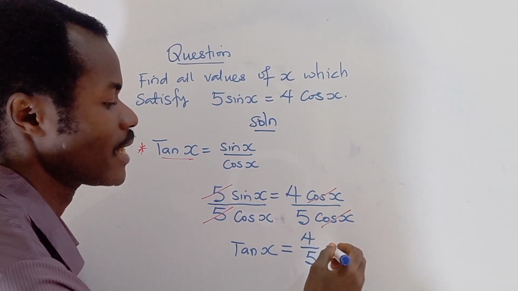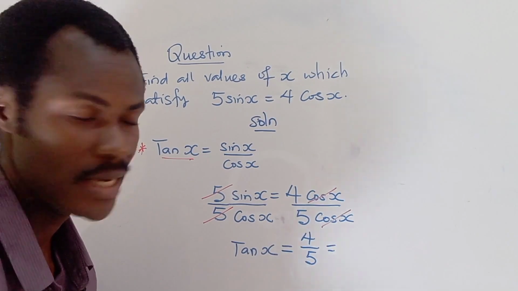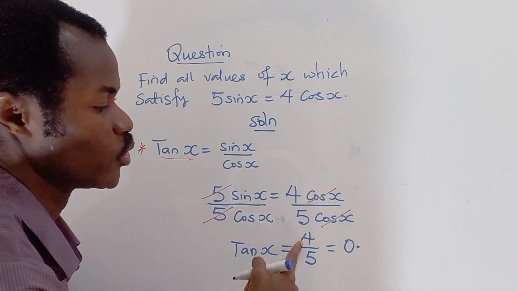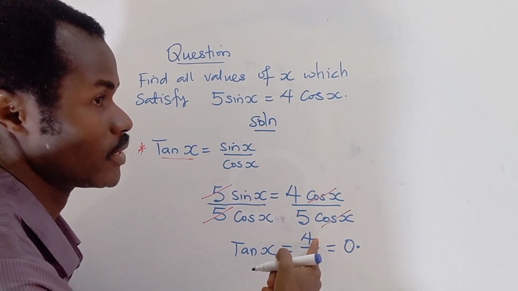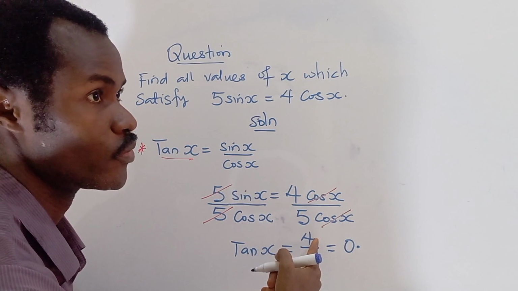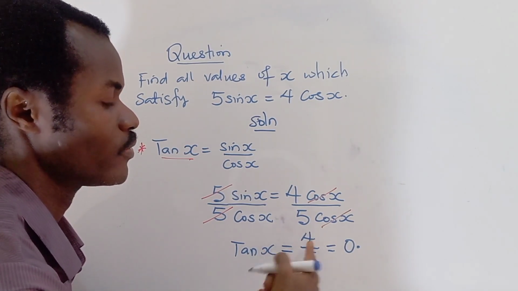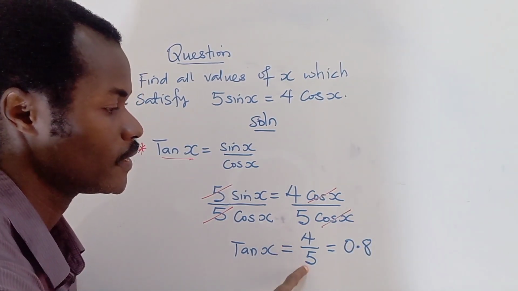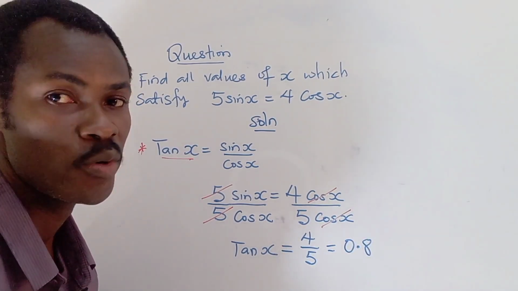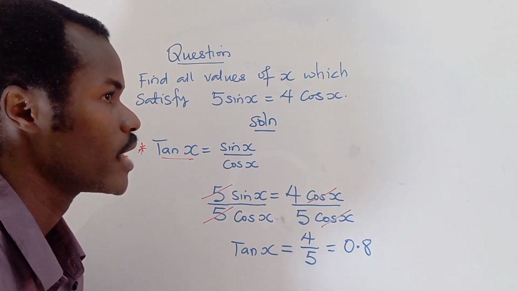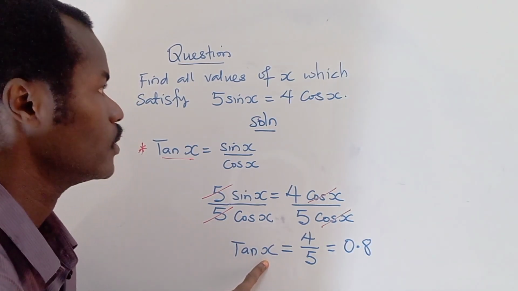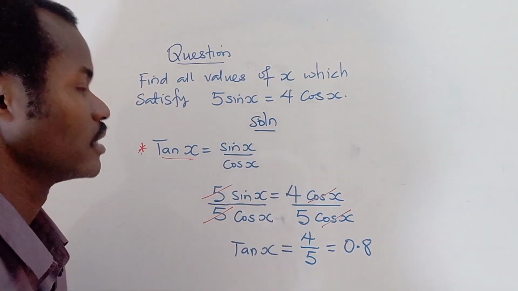We can write this in decimal: 4 divided by 5 is 0.8.